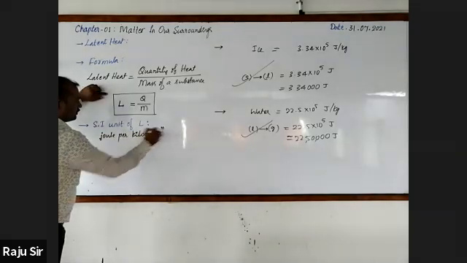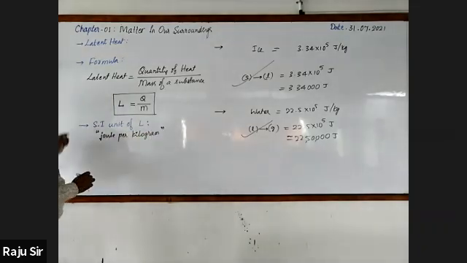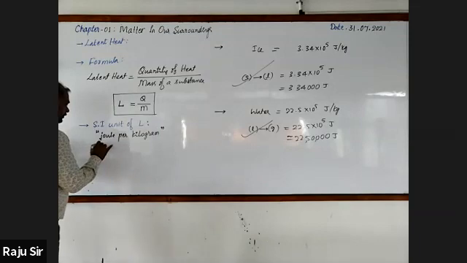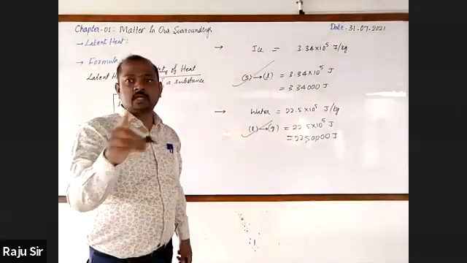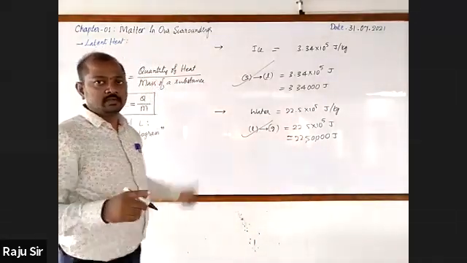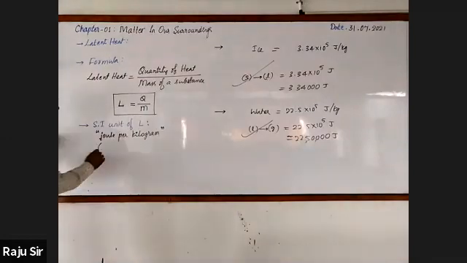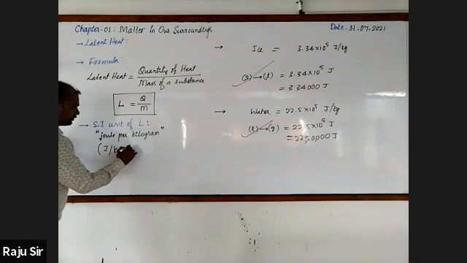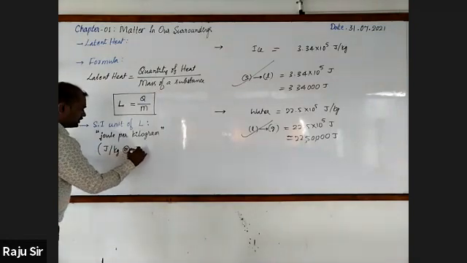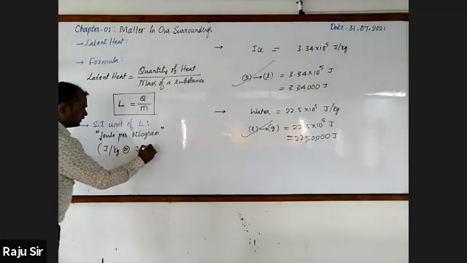Write its symbolic form. Sir, yesterday you wrote kilogram per joule. Yesterday only I told you to strike out that one. So this is the correct one: joule per kilogram. We can write J per kg or J kg inverse.